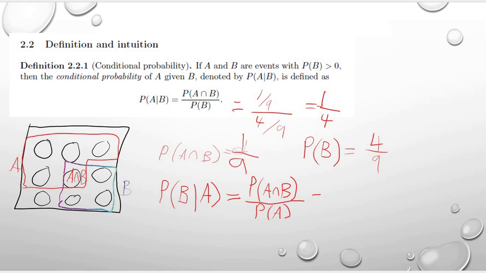Once again, we can take both of these as fractions of the original sample space. So A intersection B has a probability of 1/9 in the original sample space, while A has a probability of 5/9. Therefore, this conditional probability is equal to 5/9.